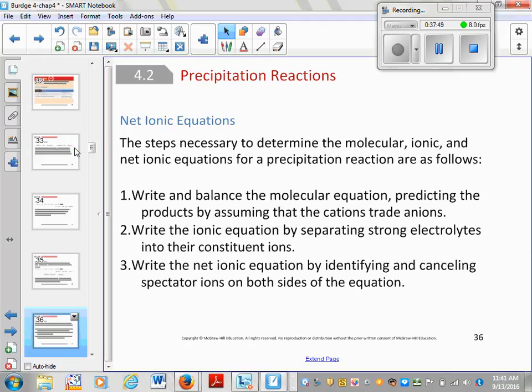If that's all there was, that'd be pretty easy, but we can't make it easy, so we have to write and balance a molecular equation. You have to predict what's going to happen, because we're not going to tell you what the products are. Then you write the ionic equation by separating strong electrolytes into their constituent ions. Then you write the net ionic equation by canceling like terms on each side and writing what's left over.